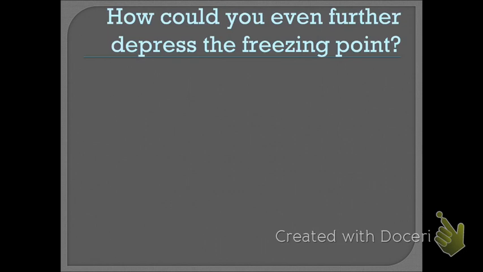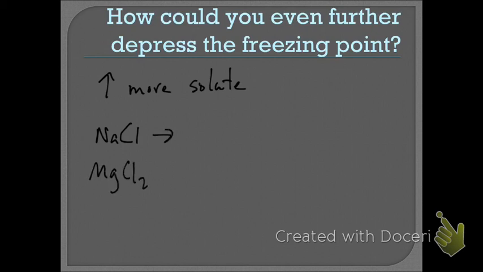So let's say you really wanted to depress the freezing point, what could you do? Well, I think the most obvious is to add more solute. So increase the solute. But there's other ways of looking at it too. Some solutes will give you more bang for your buck. For example, sodium chloride in water will dissociate into Na plus and Cl minus, right? Whereas magnesium chloride will go into magnesium and, what I want you to notice, 2 chlorines.